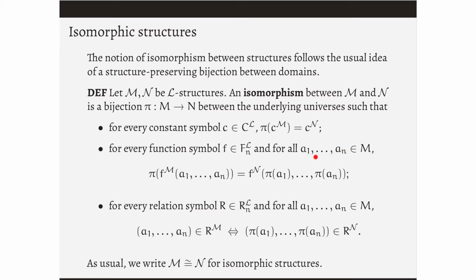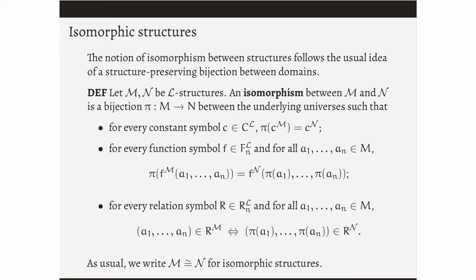Let's assume we have an n-ary function, and I give you a tuple of n elements in M. Then the value I get by applying the interpretation of the function symbol f in M to that tuple, and then mapping it over to the N side, is the same value that I would get by first mapping over these values a1 to an over to the N side and then applying the interpretation of the function symbol f there.